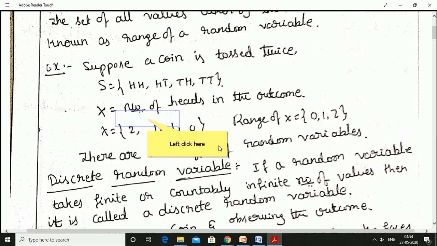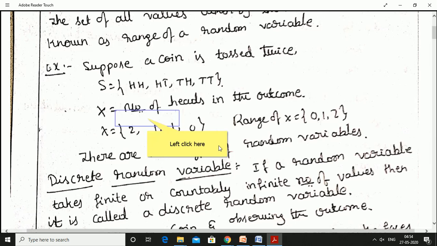X is the random variable. It assigns a real number to each sample point in the sample space according to the rule number of heads in the outcome. So, X takes the values 2, 1, 0. This is known as the range of the random variable. So, range of X is 0, 1, 2. I hope now you understand what a random variable is.